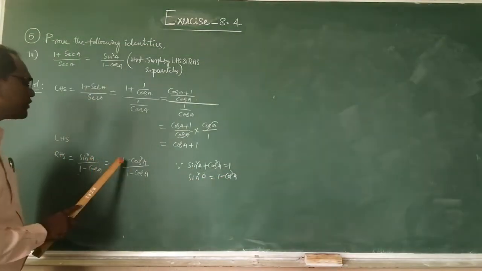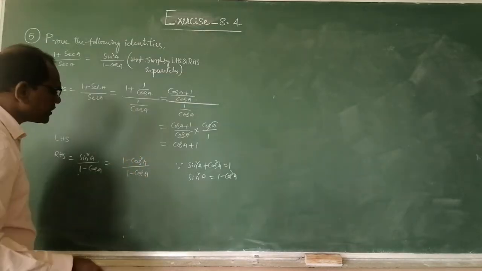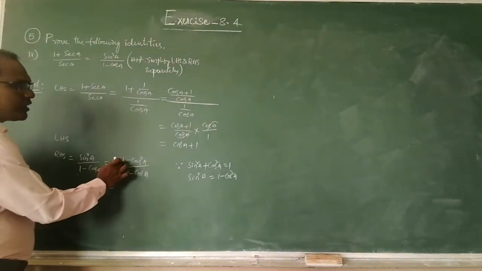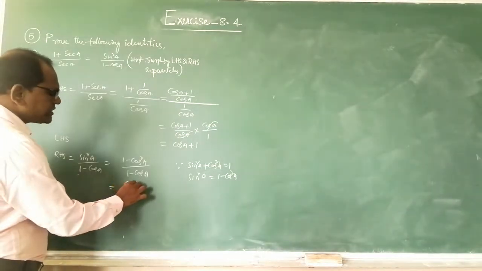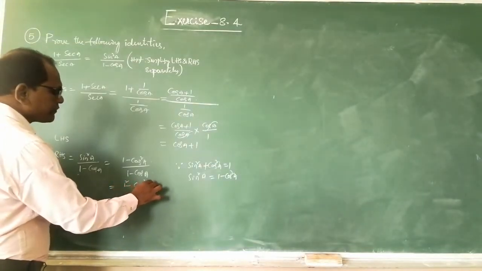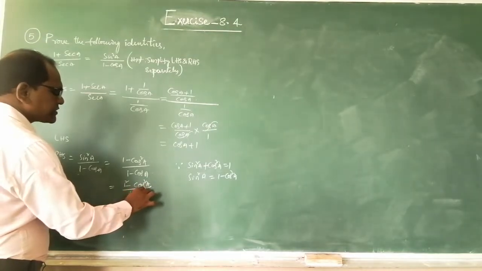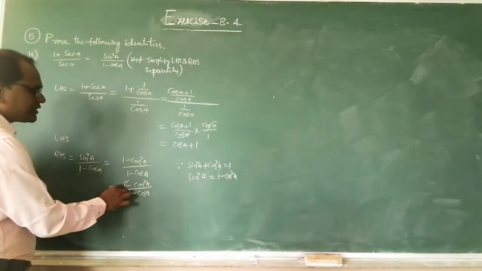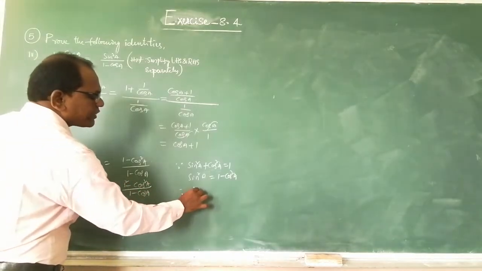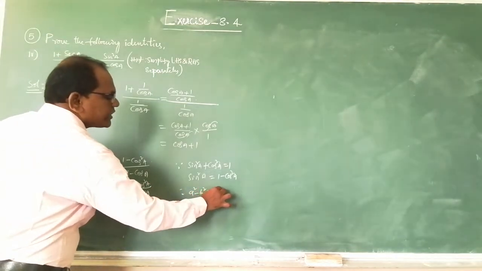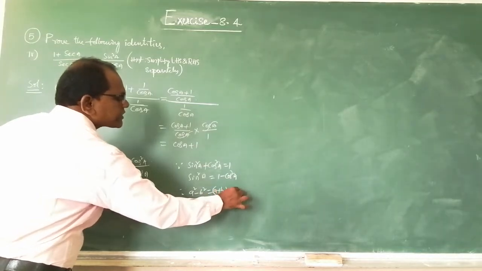So children, I should write here 1 as 1 square. Any doubt? 1 square equals 1 only. So (1 minus cos square A) by (1 minus cos A). Why are we writing 1 square? Because of the A square minus B square formula, which equals (A plus B) into (A minus B).